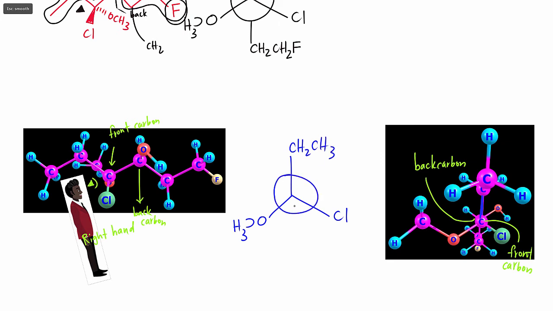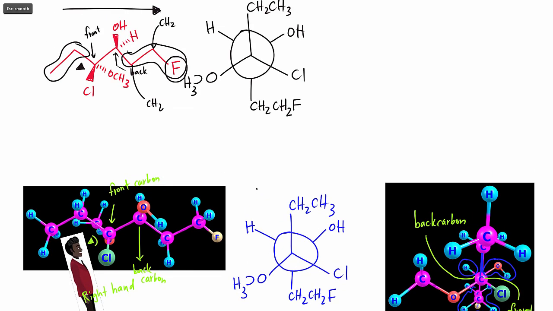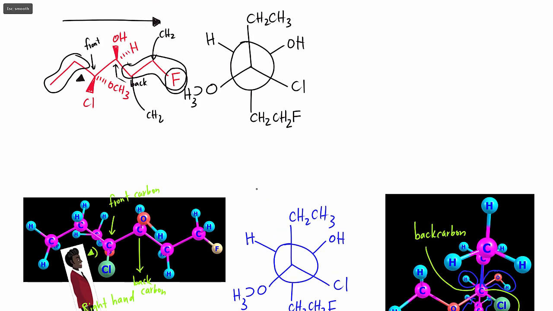On your back carbon, you see you have this whole thing here going down, which is CH2, CH2F. Okay? And where you see this, you have this going up and to your right, which is OH. And this is up and to your left, which is H. So if you look up here, you see these are the identical projections.